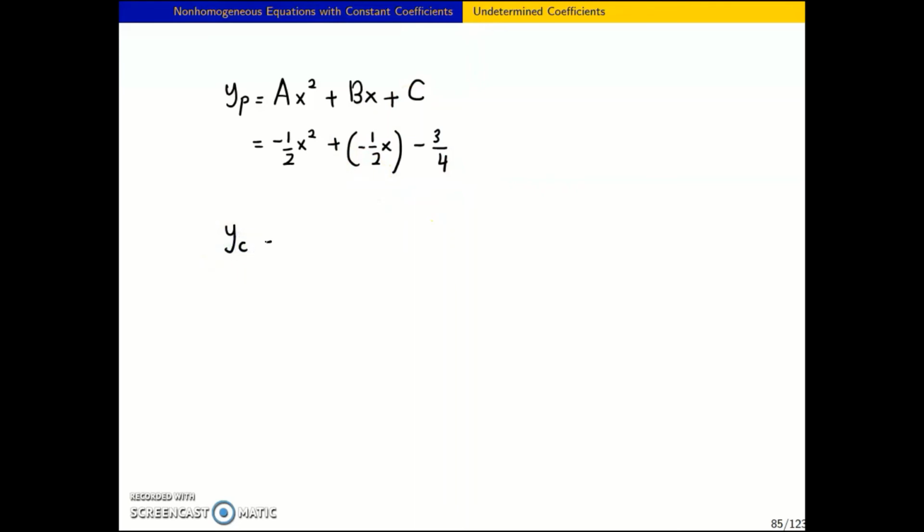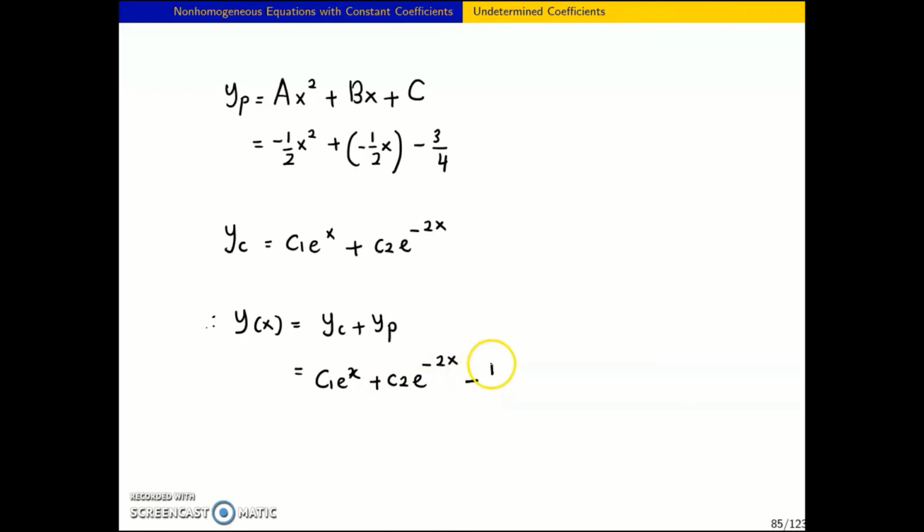Now the yc that we found earlier gives us c1 e^x plus c2 e^(-2x). Therefore my general solution y(x) equals yc plus yp: c1 e^x plus c2 e^(-2x) minus half x squared minus half x minus 3 over 4. There you go.